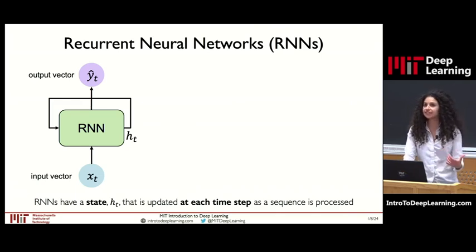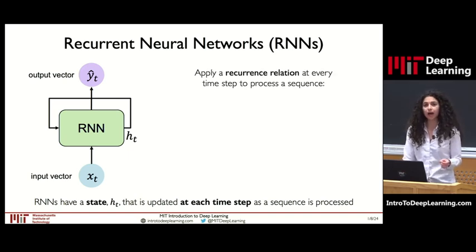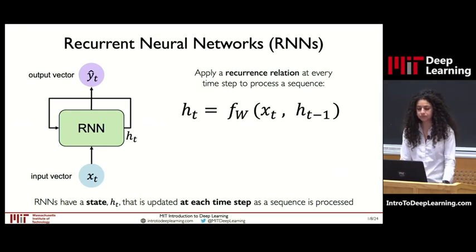Okay, so our next step is just to formalize this thinking a little bit more. The key idea that we talked about is that we have the state, h of t, and it's updated at each time step as we're processing the sequence. That update is captured in what we call this recurrence relation. This is a standard neural network operation, just like we saw in lecture 1.